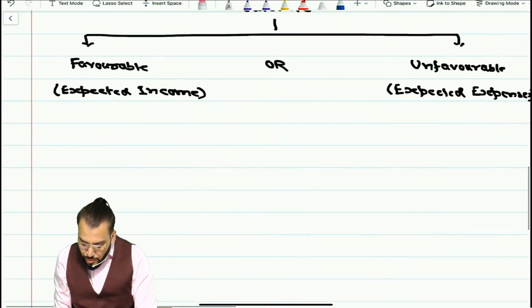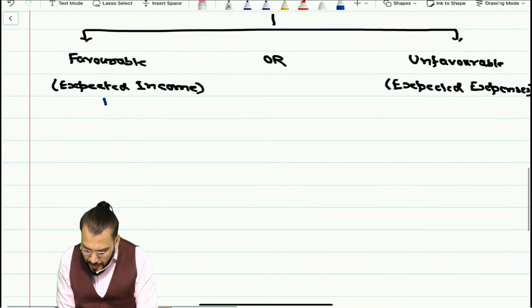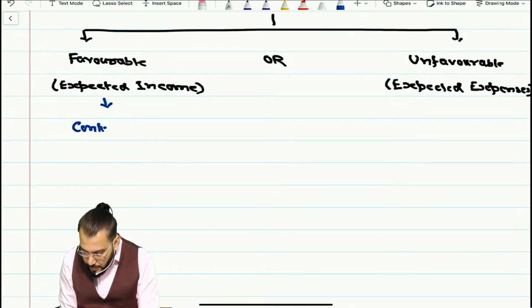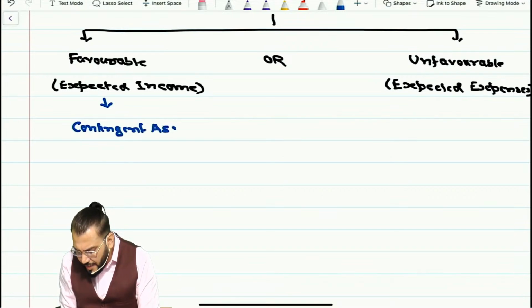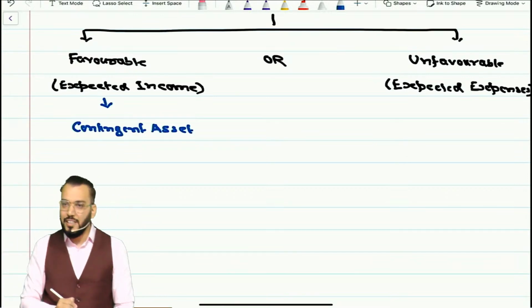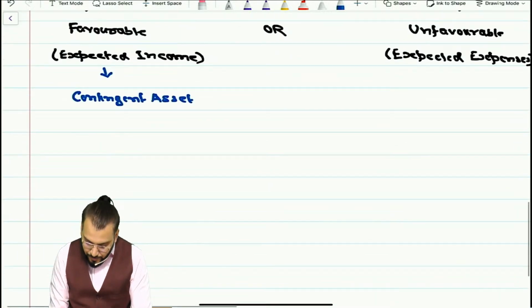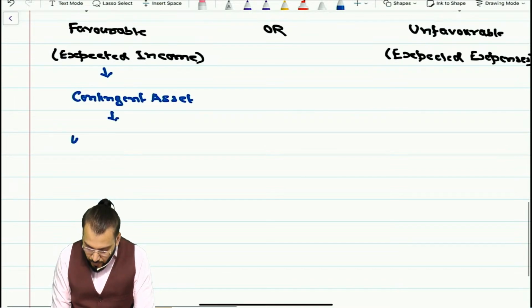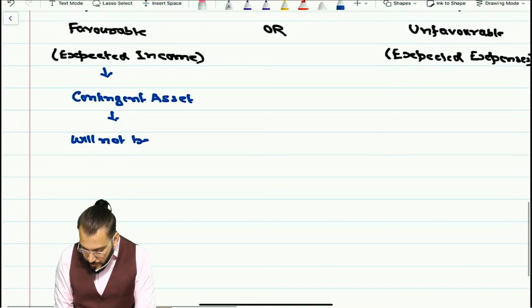So this you have understood. We all know that expected income will not be recognized, and therefore we call it a contingent asset. What is the meaning of contingent asset? That I will do. But we all know that we don't recognize a contingent asset. Correct? It will not be recognized.